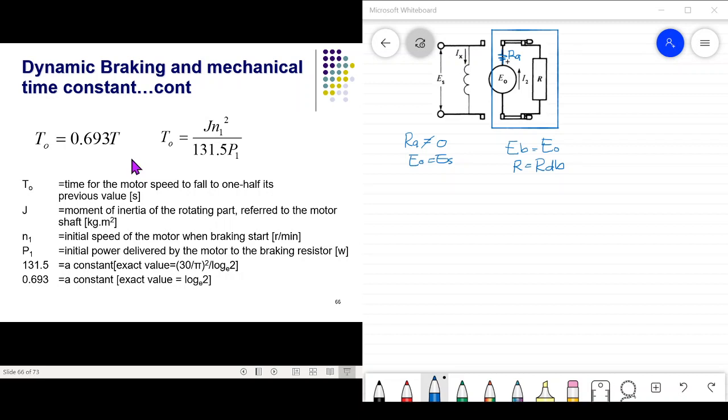Then we can prove that this mechanical time constant is given by this equation, where J is the moment of inertia and omega 1 is the initial speed of the motor when braking starts, and P1 is the initial power delivered by the motor to the braking resistor. And then we have two constants, 131.5 and 0.693.